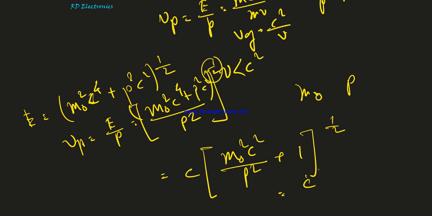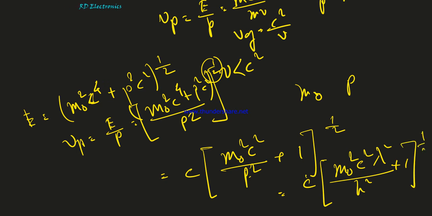Therefore again this is c times (m0² c² λ² by h² + 1) to the power half, because p equals h by λ from de-Broglie.